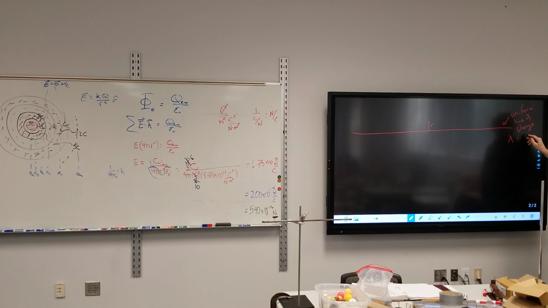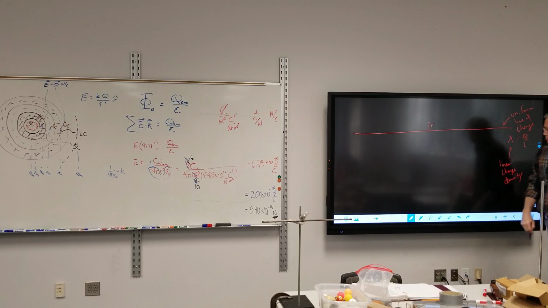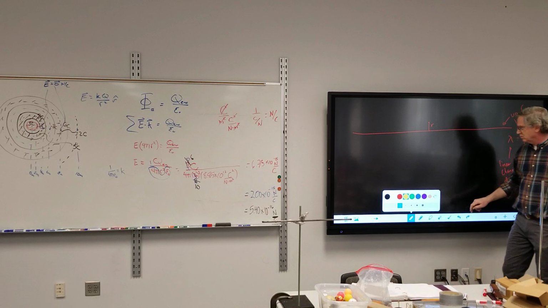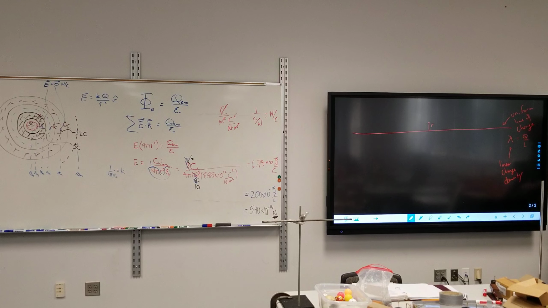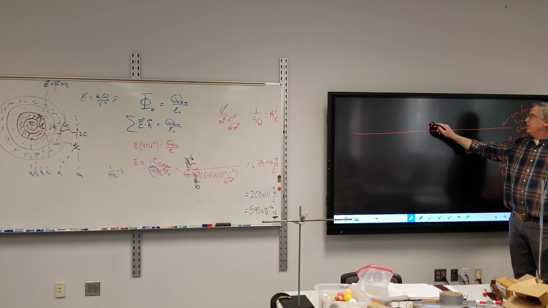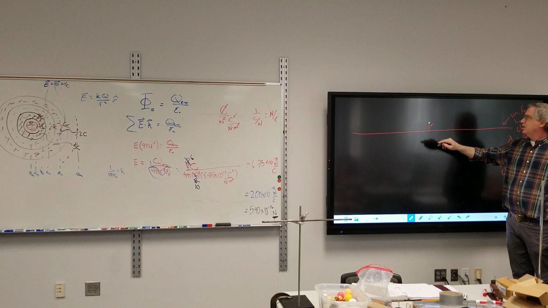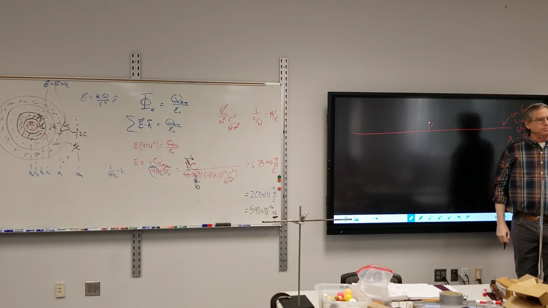It is the charge per unit length. It's the linear charge density. And what I want to know is, what is the electric field at distance r away?